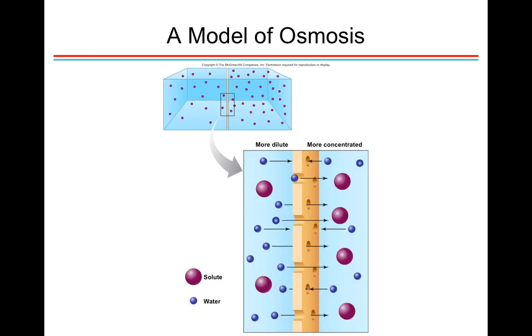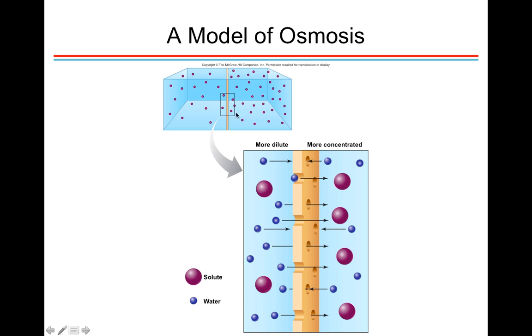So osmosis is the movement of water across a semi-permeable membrane. And in this situation, what I'm going to show up here, here's a container with a semi-permeable membrane. Here we have a solute depicted with purple balls.